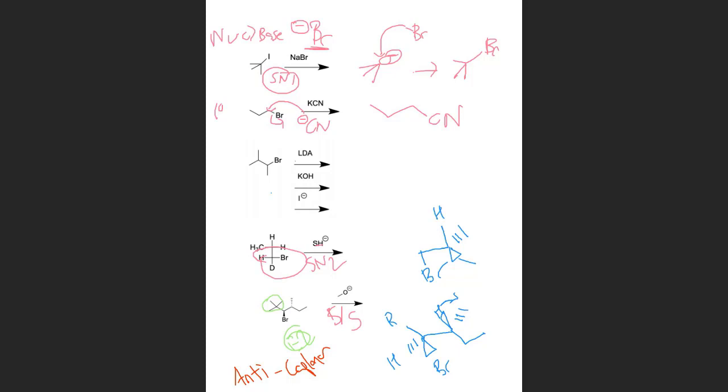However, now we're going to look at the other carbon to make sure we're rotating that as well. So if you bring this bromine here, we have this R group coming towards you, and we have hydrogen going to the back. If you're having trouble seeing it, R is like this, bromine is here, hydrogen is there.